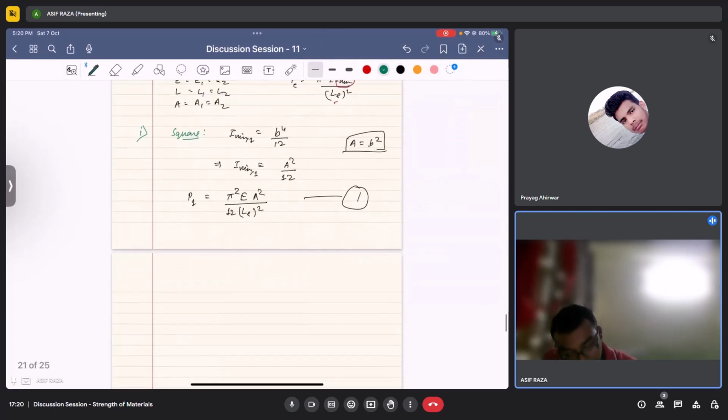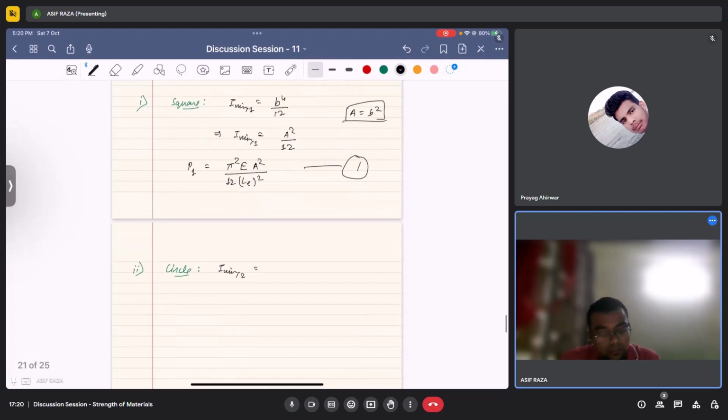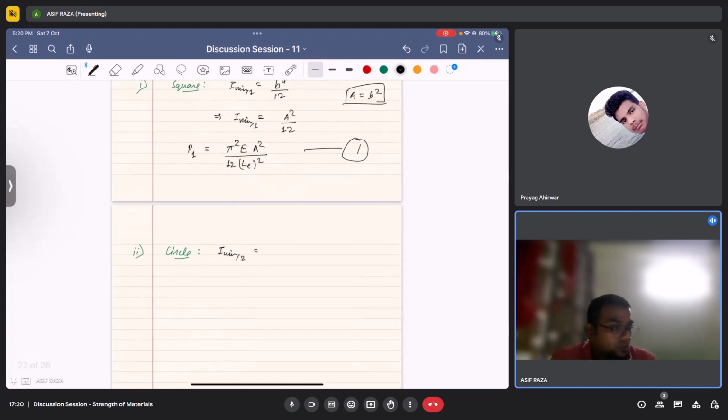Second one, circular one, circle. For this, I minimum 2. If the diameter of the cross section is D, what would be my second moment of inertia? Prayag, if you are there, can you engage yourself and let me know what would be my second moment of inertia for a circular cross section if the diameter is D?